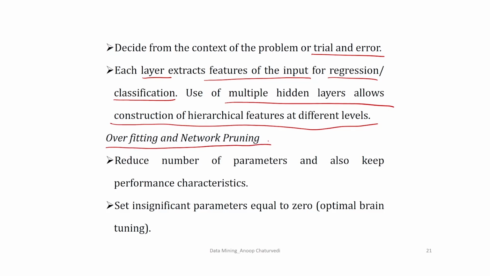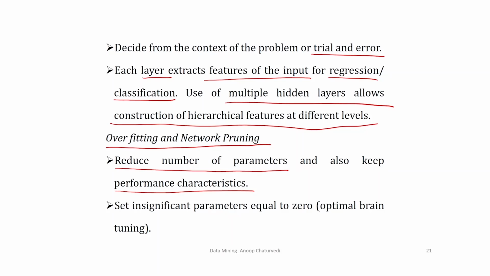Overfitting and network pruning. Basically, you want to reduce the number of parameters and also keep performance characteristics. So, if you are overfitting the model, means your model is too complicated, it has a large number of parameters. So, you may like to prune the network.